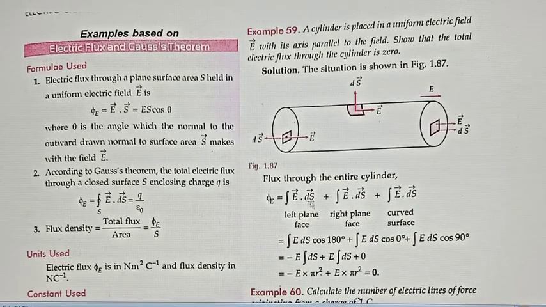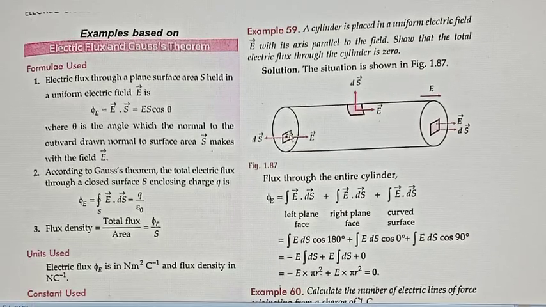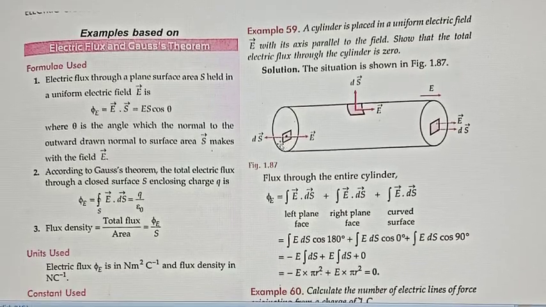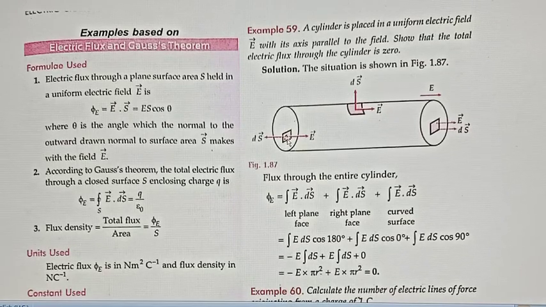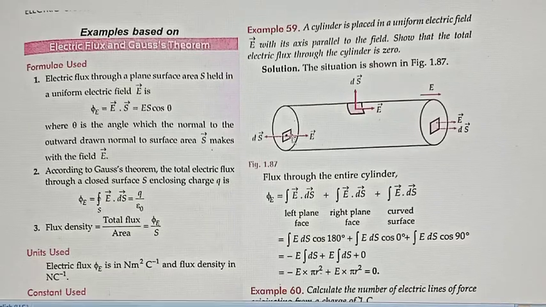Now I want to tell you the meaning of this. Let us consider this small surface. The expression for the flux linked with this small surface is E dot ds. But if you want to write an expression for the flux linked with the whole end surface, then I have to write integration E dot ds. That is the meaning of this.